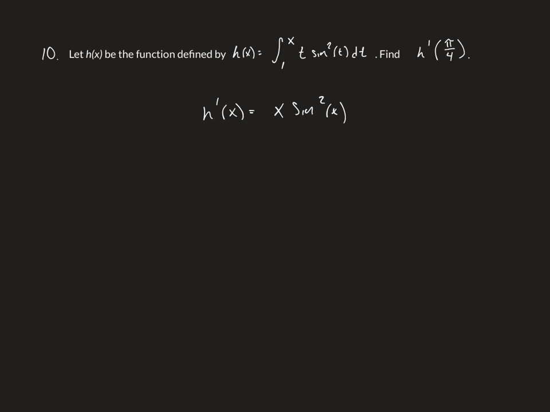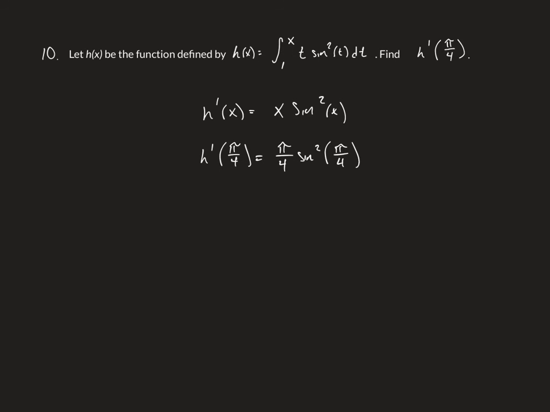So anyway, at this point, now we can just plug in the value that we're asked to evaluate this function for. And so we're asked to find h prime of pi over 4. And so that's just going to be pi over 4 times sine squared of pi over 4.